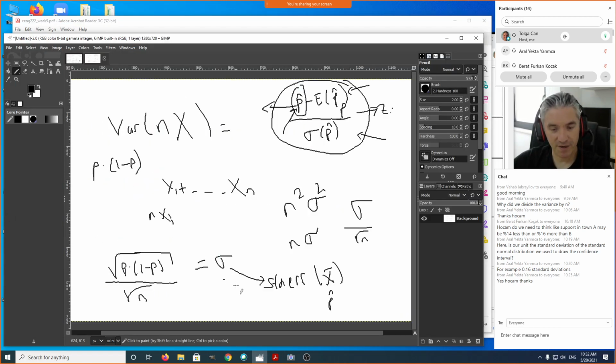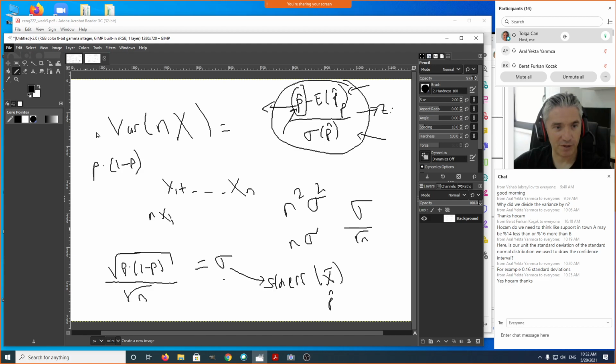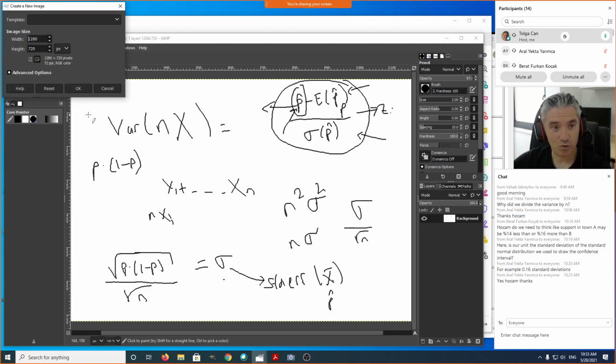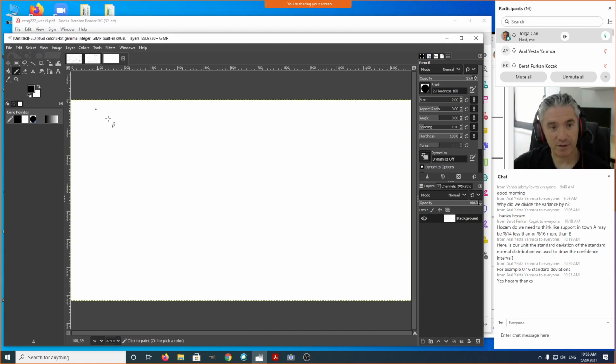So let's try to compute it for our candidacy case. For example, if you want to find the difference between those two populations with the same confidence, 0.95 confidence, but this time with 0.01 precision.